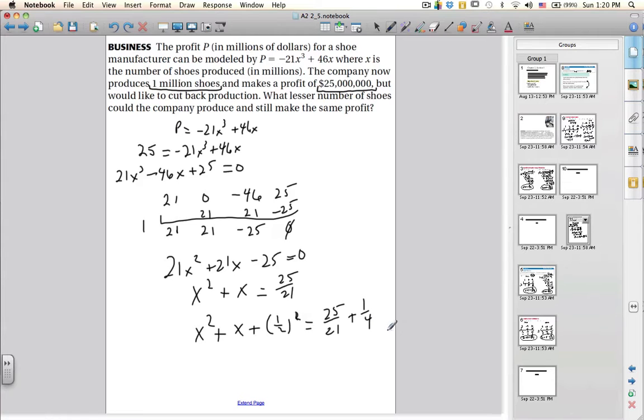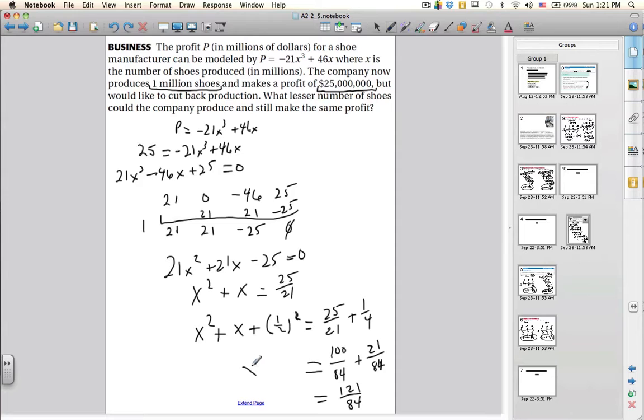Well, maybe this wasn't such a great idea. I guess I'm going to get 84 as the denominator for this. But that's not that bad. So 4 times 25 is 100. I'll have 100 over 84 plus 21 over 84. And that's going to be 121 over 84. So that's not so bad.